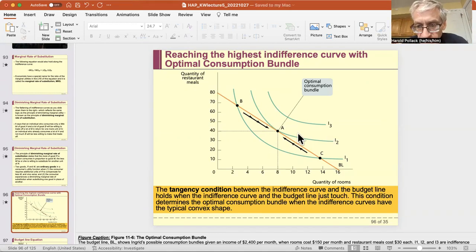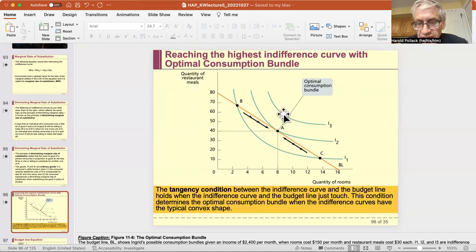The indifference curve is dictated by what's happening inside my head to a great extent. How much do I enjoy meals versus hotel rooms? Everybody's got their own indifference curve. But what I'm trying to do is find the highest curve I can reach that's still reachable given my budget line.